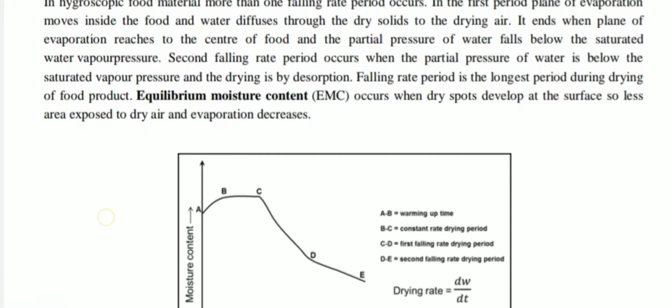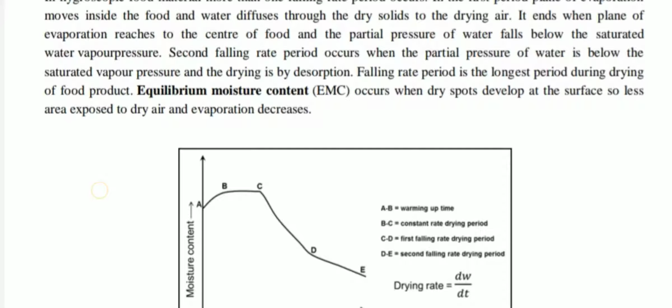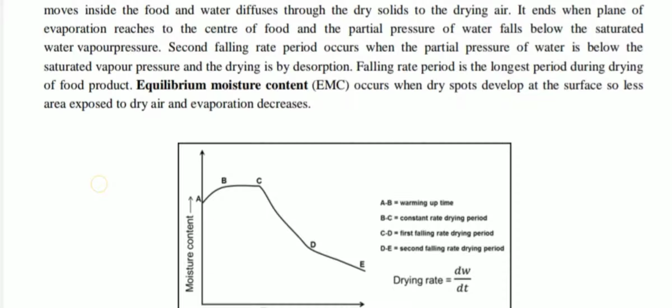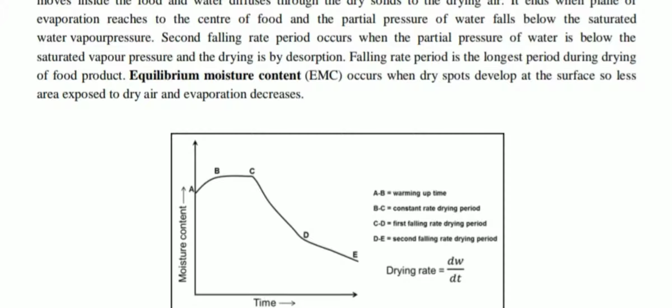And physically we can make out that equilibrium moisture content is achieved when dry spots develop at the surface, and if dry spots develop at the surface, less surface area will be exposed to dry air and evaporation decreases.